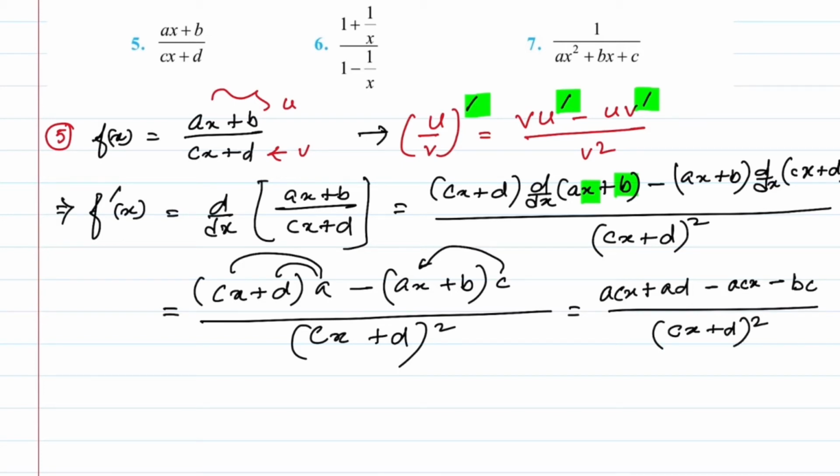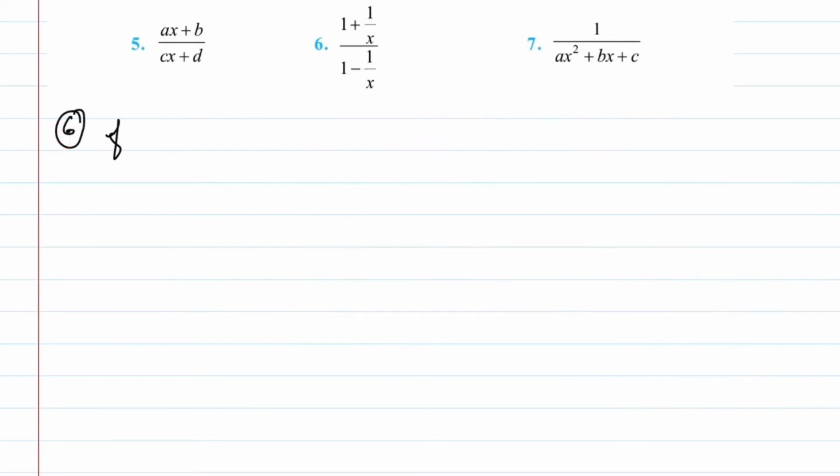So now you see in this numerator, acx minus acx gone. So we can write our answer as (ad minus bc) divided by (cx plus d) whole square. So this is our answer. So hope you have understood. Now let me show you the next one, question number 6.